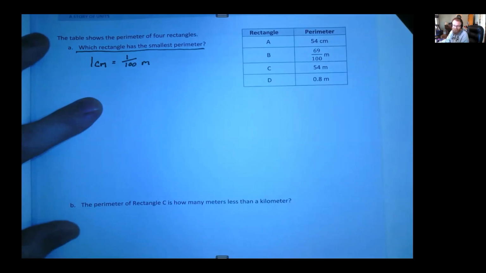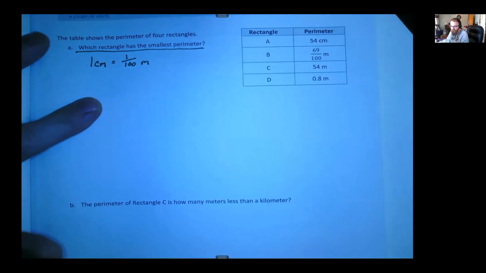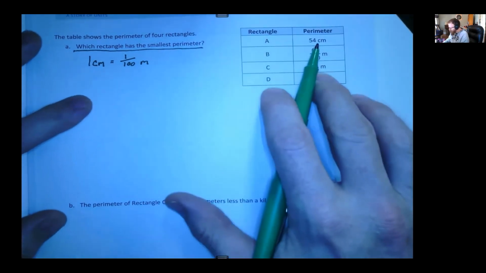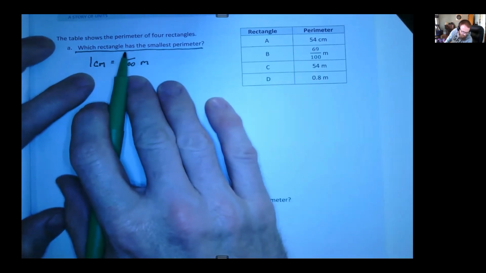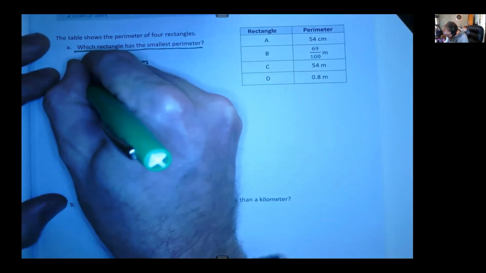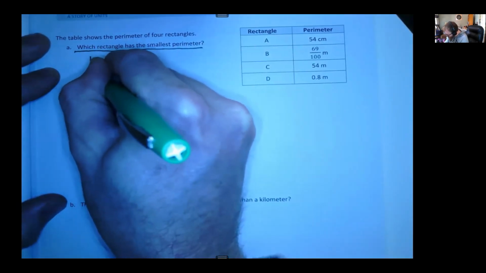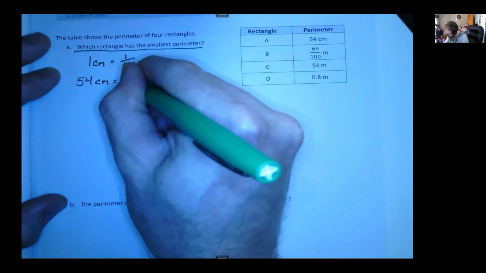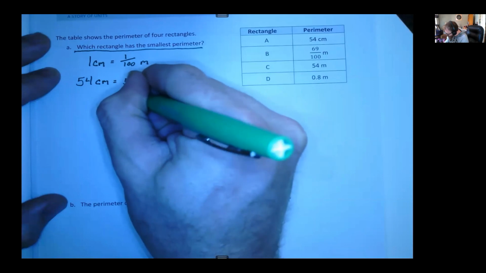They all need to be written in the same format, decimal or fraction. So let's start with 54 centimeters. If a centimeter is 1/100th of a meter, then we know that 54 centimeters equals 54 1/100ths of a meter.